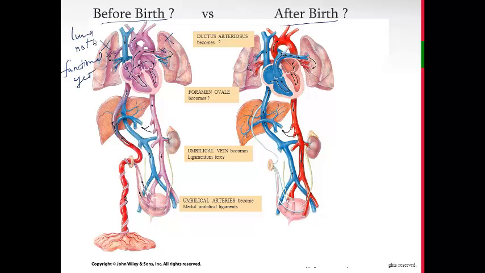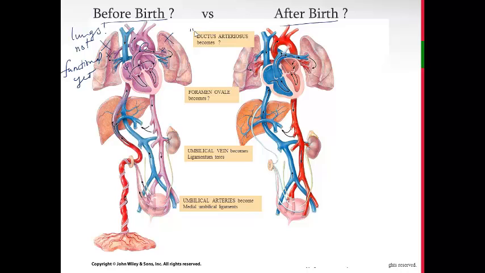Okay, lungs are not ready. So what do we do? At that time, there are two very important structures. For instance, if you take a look over here, instead of going through the pulmonary trunk and into the lungs, we have a region that goes straight from the pulmonary trunk into the aorta.